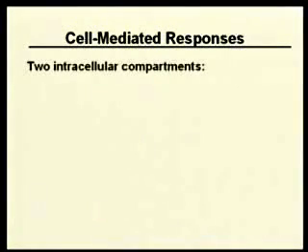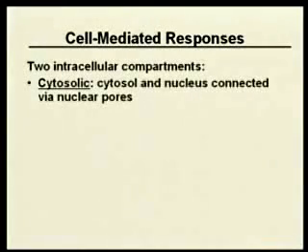Now we're going to talk a little bit about the cell-mediated response. The cell-mediated response primarily is against intracellular pathogens, so it's against pathogens that are able to infect inside your cell and grow inside your cell. Now there are two primary intracellular components. The cytosolic, so these are pathogens that basically grow in the cytosol.